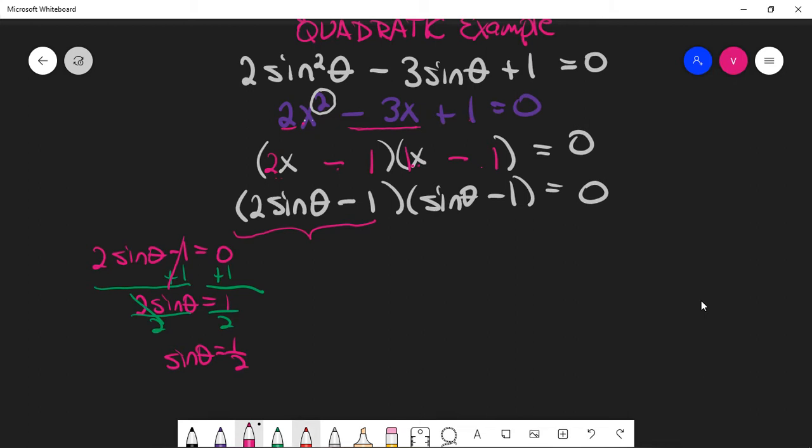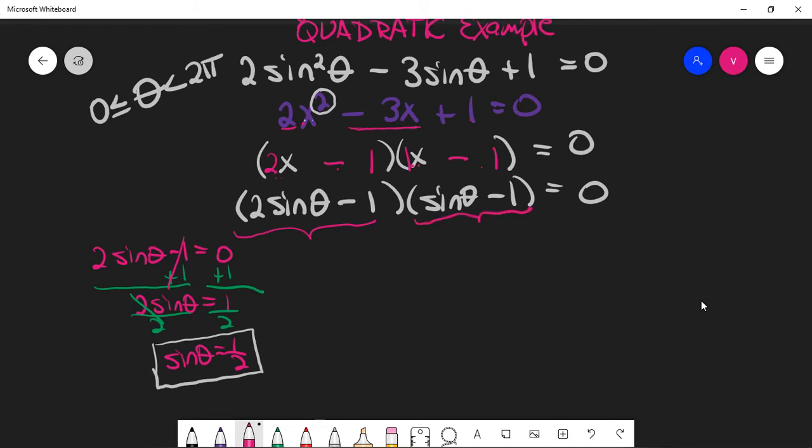Oh, I forgot. I was supposed to give you a restriction up here, so let's just do that. So we're doing, again, 1 rotation. Theta is between 0 and 2 pi. So 1 time around the positive circle, every positive theta between 0 and 2 pi. So we have one solution here that we have to find all the thetas that work for. And then we have this other one over here.